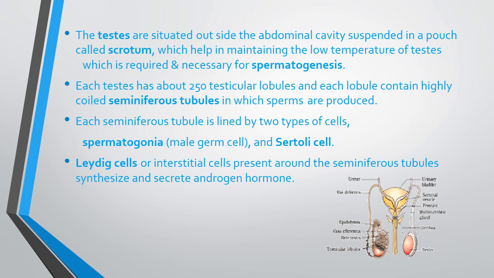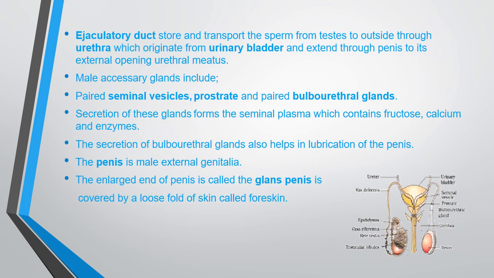The Leydig cells or interstitial cells are present around the seminiferous tubules, which synthesize and secrete androgen hormone. The urethra stores and transports the sperm from testes to outside, which originates from urinary bladder and extends through penis to its external opening.